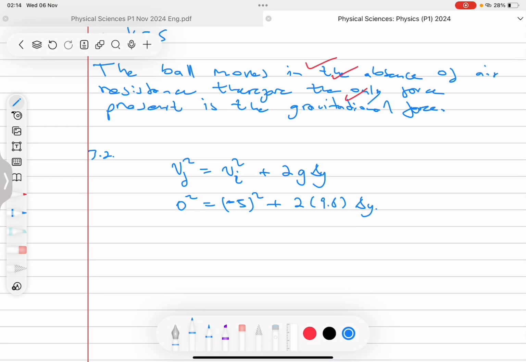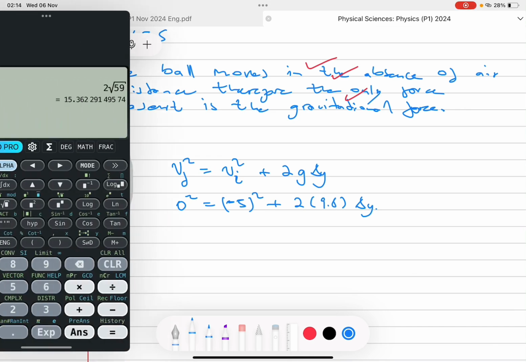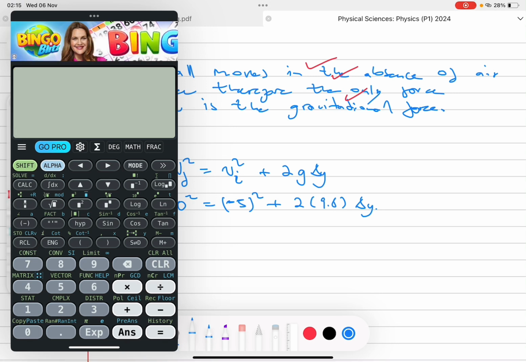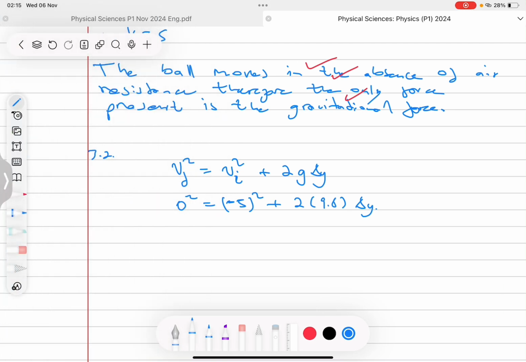From here, this problem is very boring, because we'll use our calculator. The 5 squared is equal to 25, so I'm going to get a 25 here, which I'll take to this side, so it's going to be a negative 25, because when I square this it's going to be positive 25.